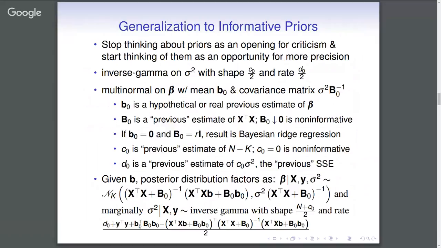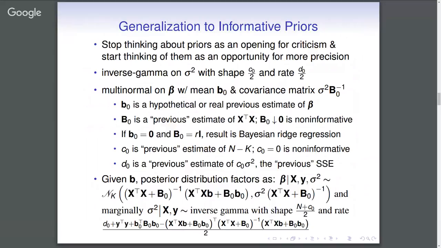Right at the outset, I know it's tempting, but you should not think about priors as a vulnerability or something that someone else could criticize you for. I mean, they will do that, but that doesn't mean that you should think in those terms. You should be thinking of priors as an opportunity to get a more precise posterior distribution by contributing information about the data generating process that you know to be true.